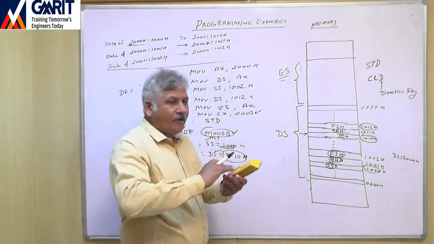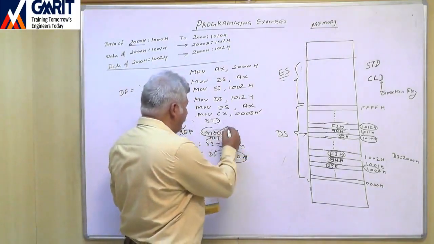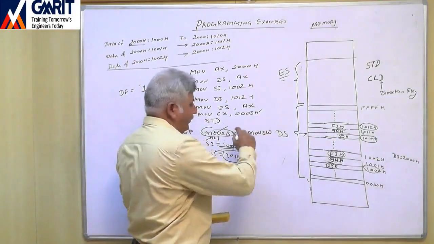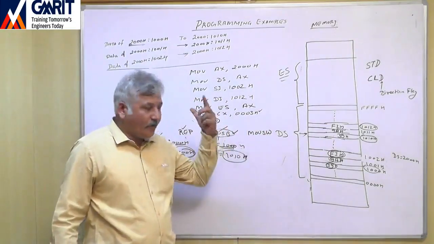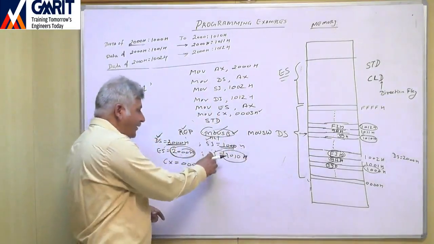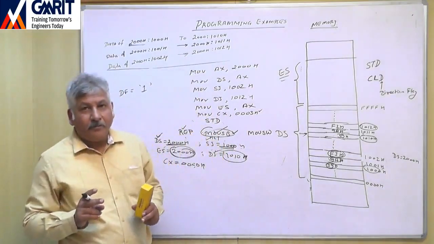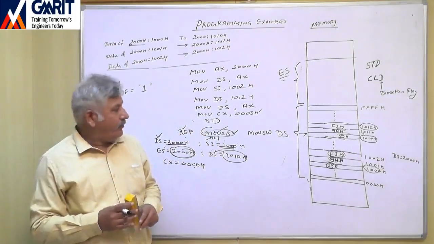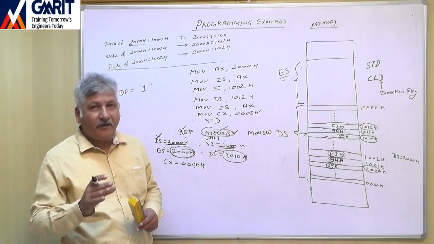So in this way we can use move string byte, and in the same way, if you want to transfer word 16-bit numbers, right? Then in place of move string byte we can use move string word. And while executing move string word, after transferring one word, SI and DI will be increased by 2 in case of auto increment mode, or decreased by 2 in case of auto decrement mode.